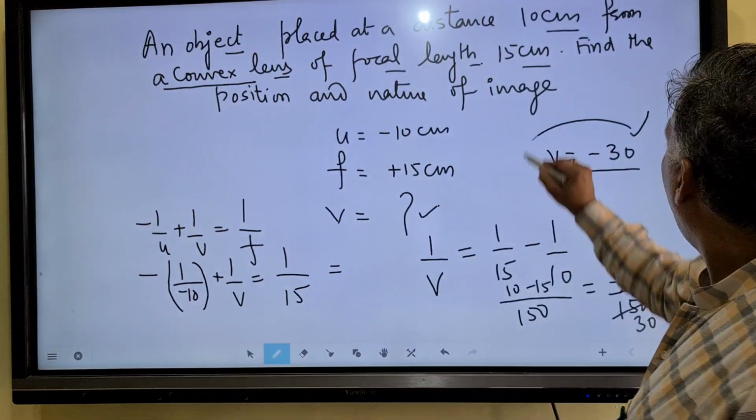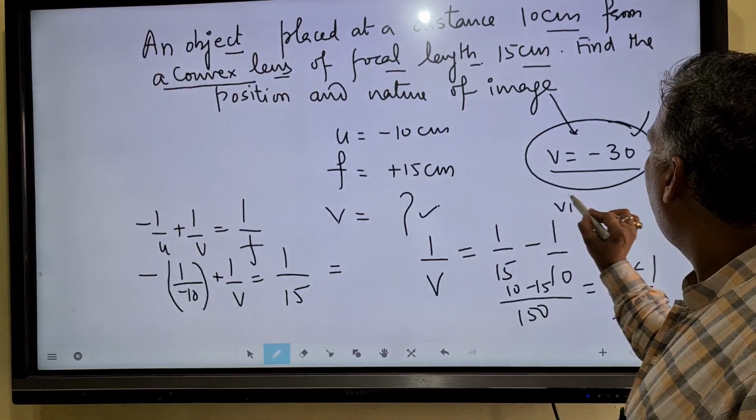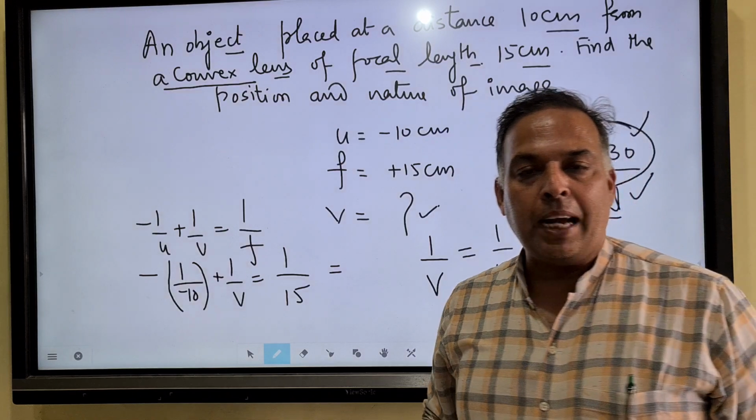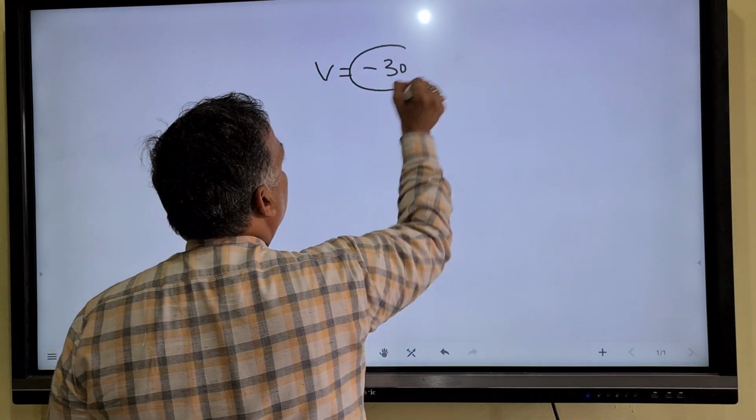So this means the object and image are on the same side. This means a virtual image is formed because v comes to be minus 30.